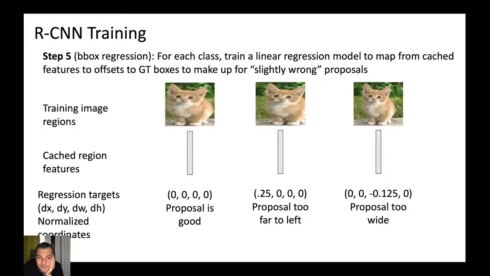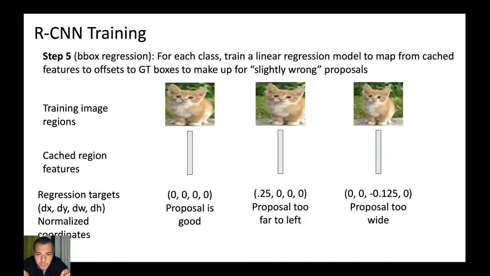They train binary SVMs for each class. And the last step is also to train the bounding box regression. So for each class, they train a linear regression model to map the pooling features to the ground truth bounding boxes. And this can also make up for slightly wrong proposals.